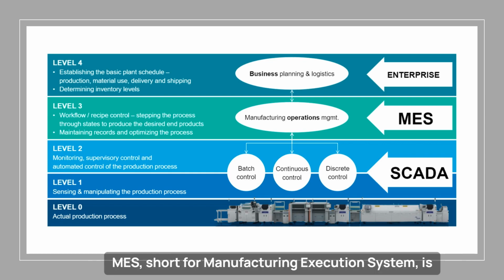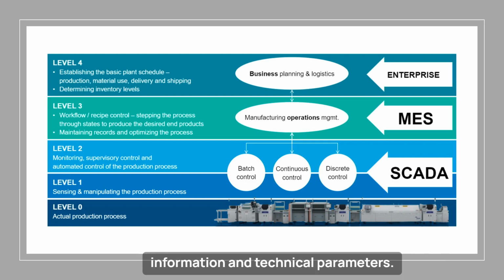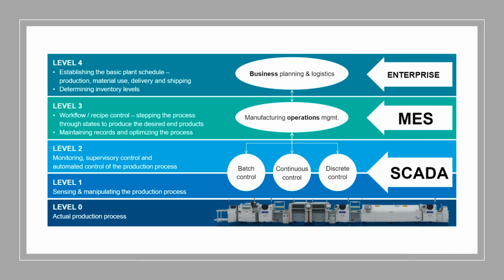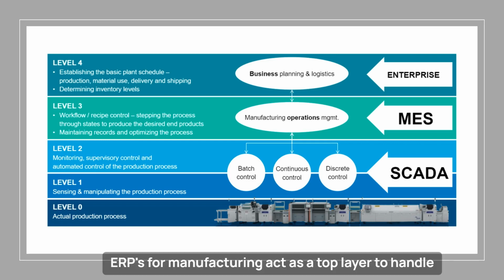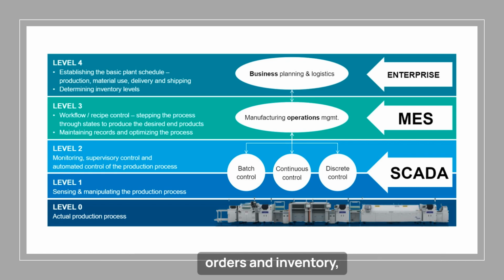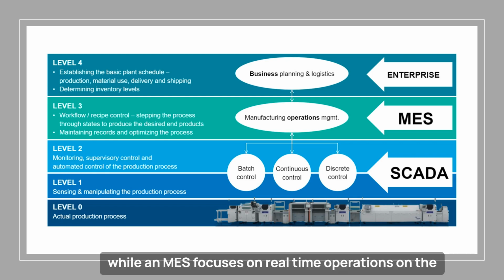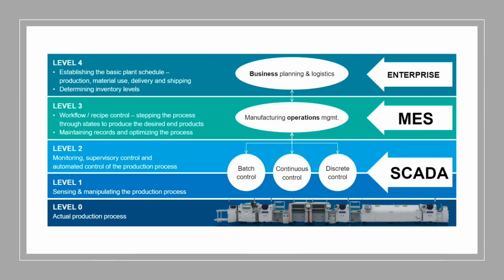MES, short for Manufacturing Execution System, is closely related to the production line to continuously optimize production and record production process information and technical parameters. ERPs for manufacturing act as a top layer to handle orders and inventory, while an MES focuses on real-time operations on the floor.